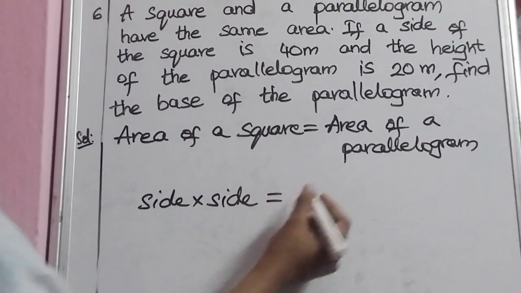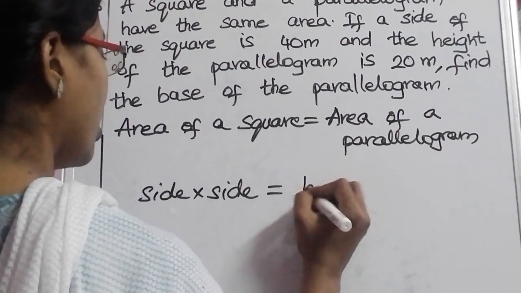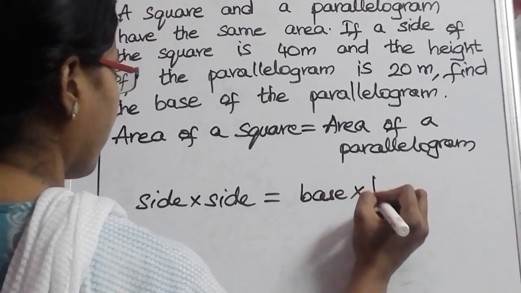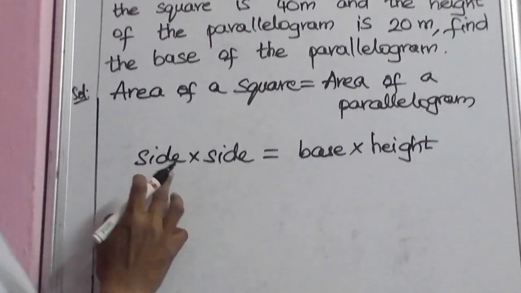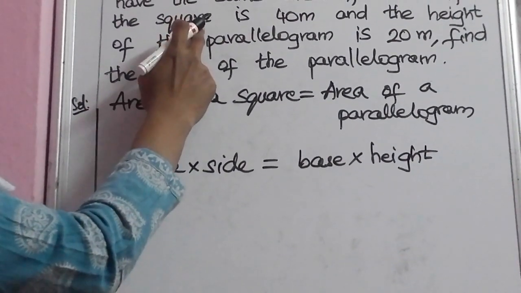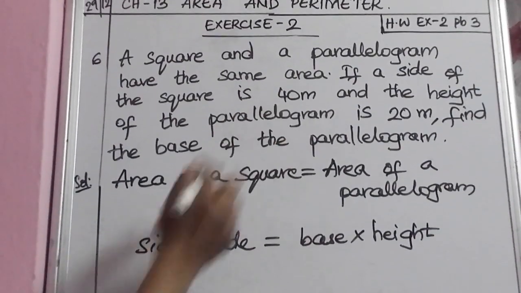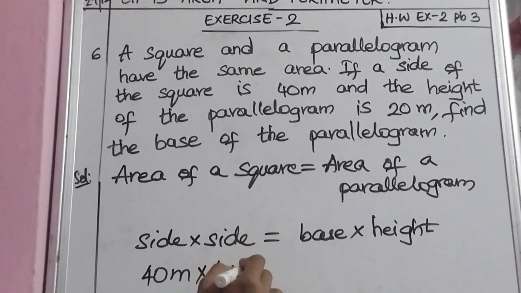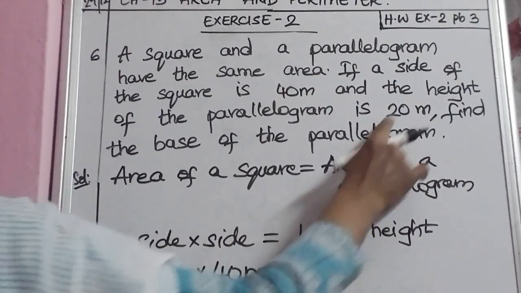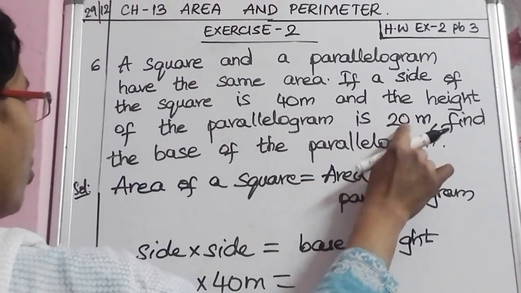This is equal to area of a parallelogram, base into height. Now the side of the square is 40 meters they gave. So this is 40 meters into 40 meters. This is equal to the height of the parallelogram is given.